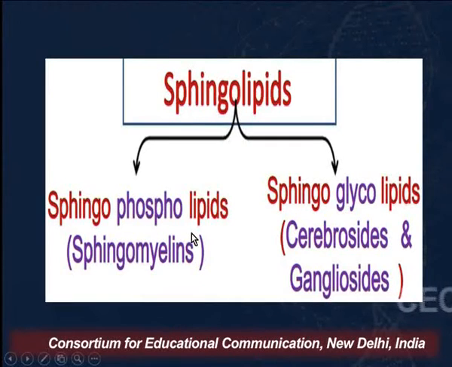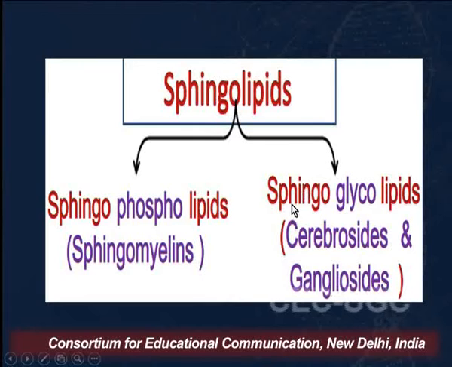Now what you have to remember is, when we classify them into two groups, that when we are talking of sphingophospholipids, here the active group or the polar group is going to be the phospho group. And in this category, we are going to discuss today in this lecture sphingomyelin. And when we talk of sphingoglycolipids, the polar group is going to be carbohydrates. Please remember, glyco refers to carbohydrates.